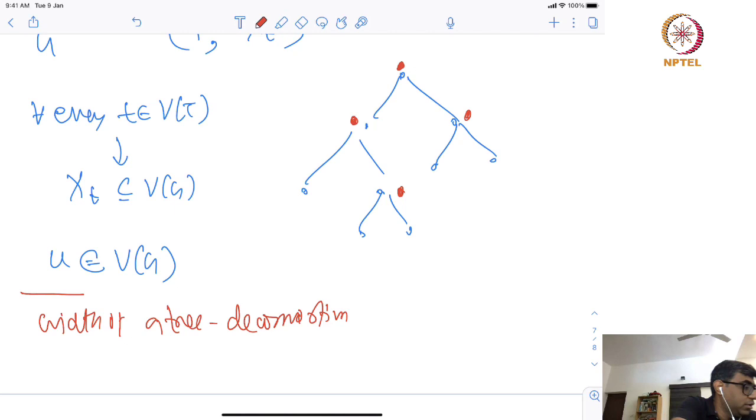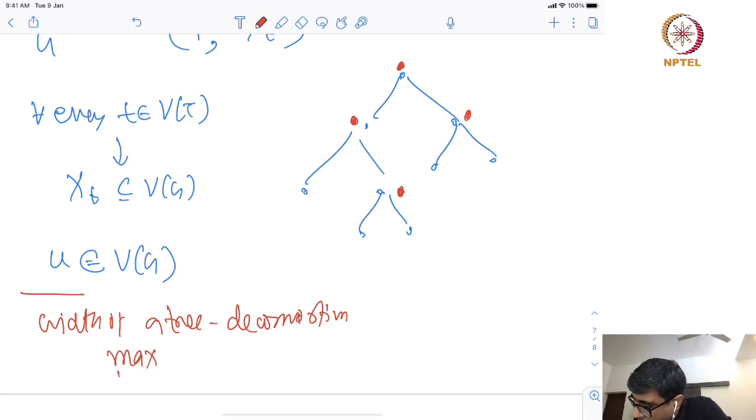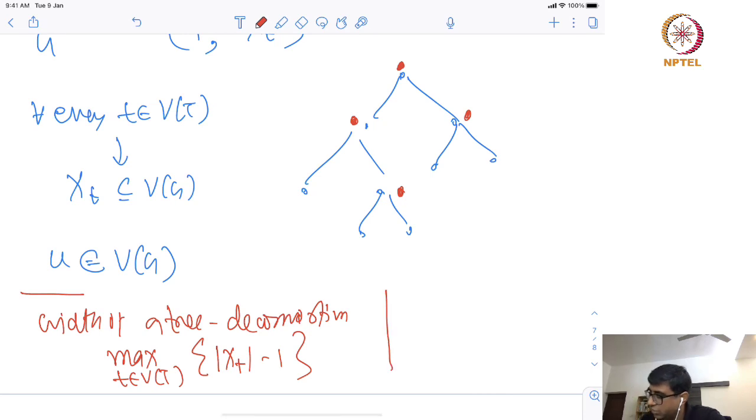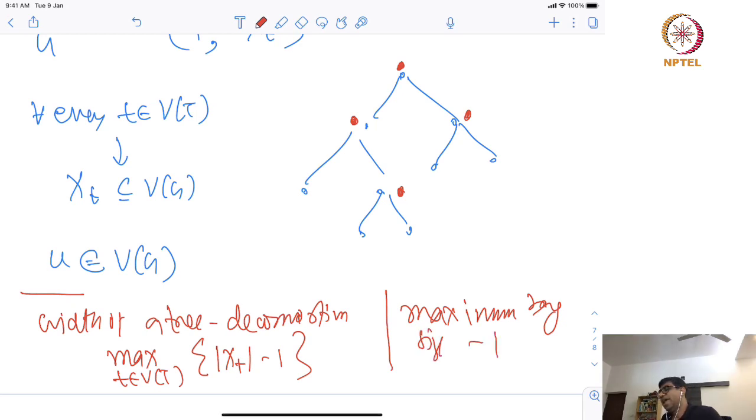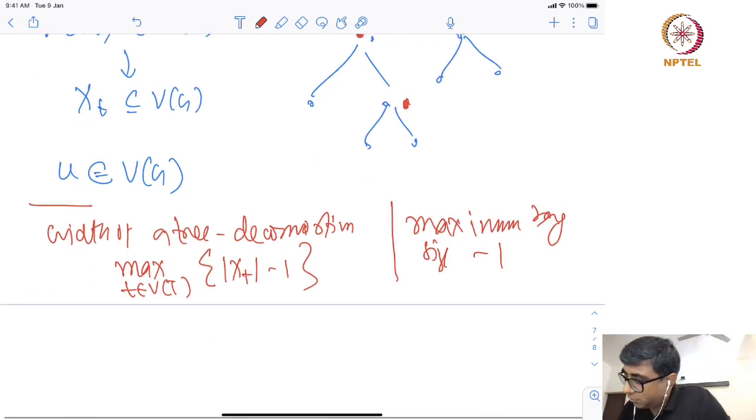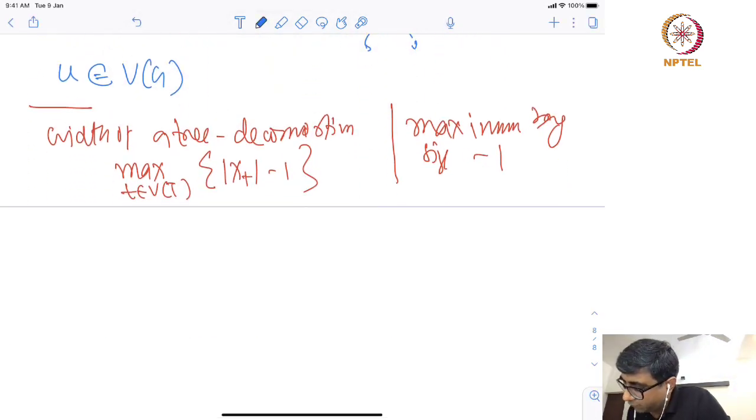The width of a tree decomposition is the max over t in V(T) of the bag size minus 1. The reason for the minus 1 is classically so that a tree has treewidth 1.